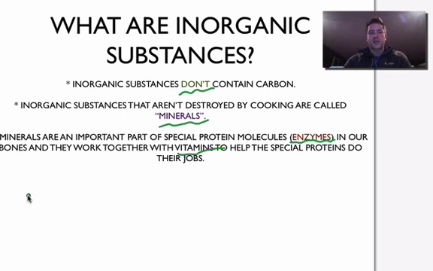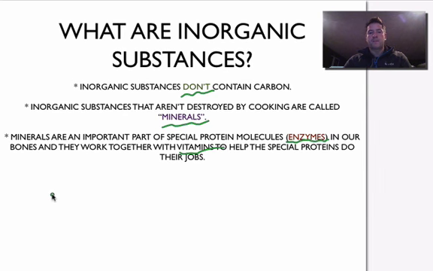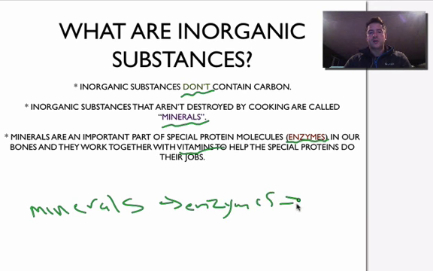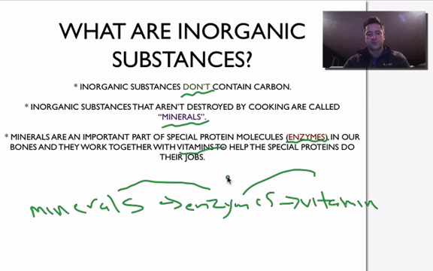So basically, we take in these minerals, and they're a part of the enzymes, and enzymes need vitamins to function. So the vitamins help the enzymes, and then the enzymes are a part of the minerals in our bones.